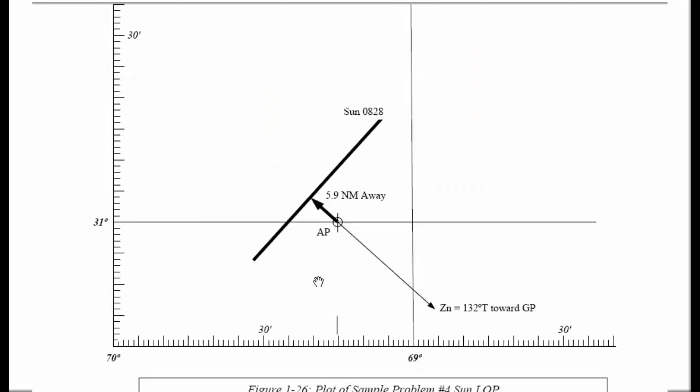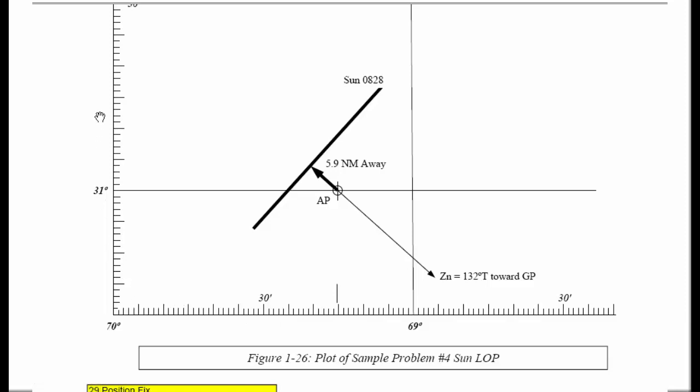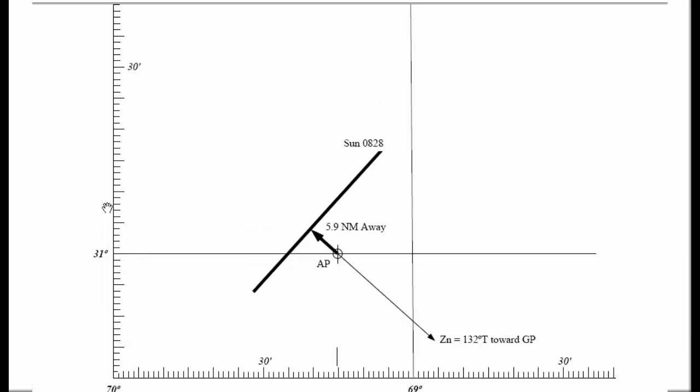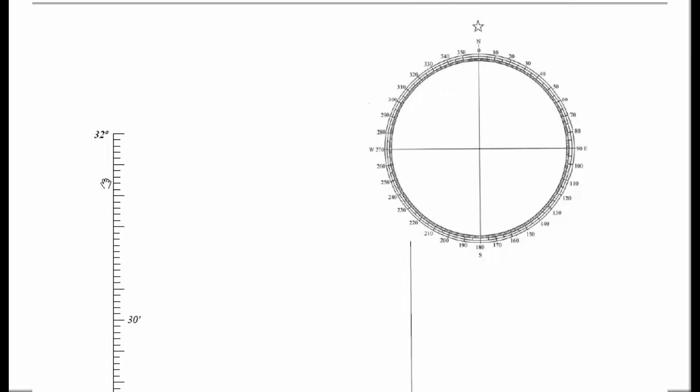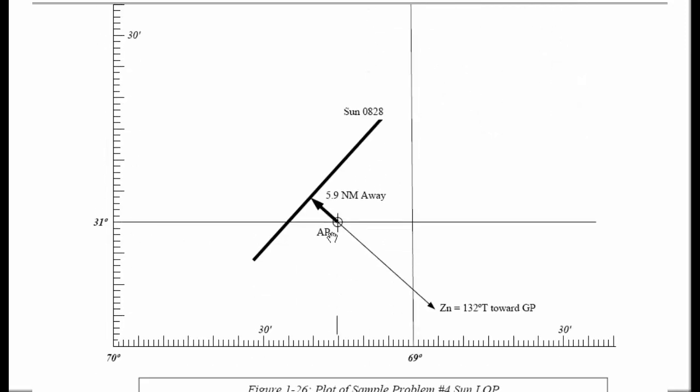So we look at our plot and we see latitude, longitude here 69 degrees, 70 degrees west, and here's 31 degrees north, okay, because here's 32, here's 31, and our assumed position was 31 degrees north and 69 degrees 15.1 longitude west. So here's 69, here's 70, 5, 10, 15.1, and that marks the assumed position.